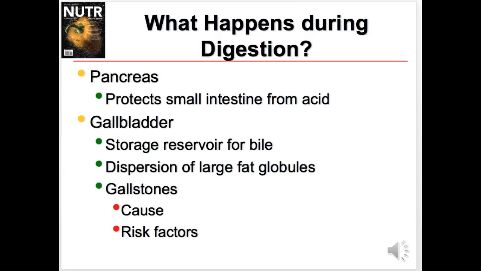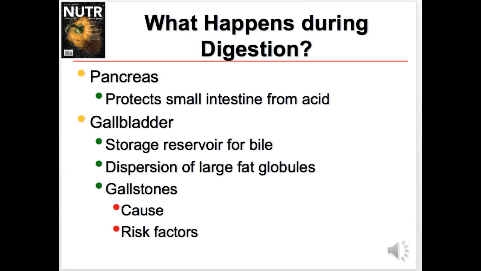Unfortunately, if things don't go well, you can develop gallstones in the gallbladder. And gallstones, if you ever had one, or know of somebody that had one, are quite painful. It's exactly what it says. It's a stone that's formed in that gallbladder out of the bile components.